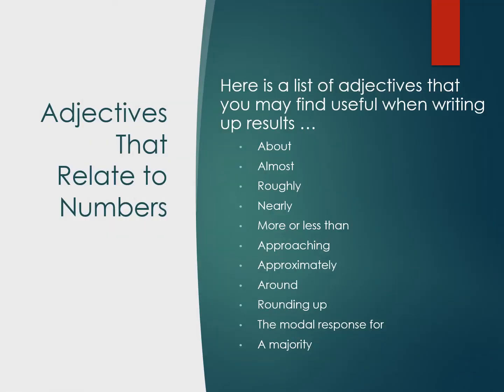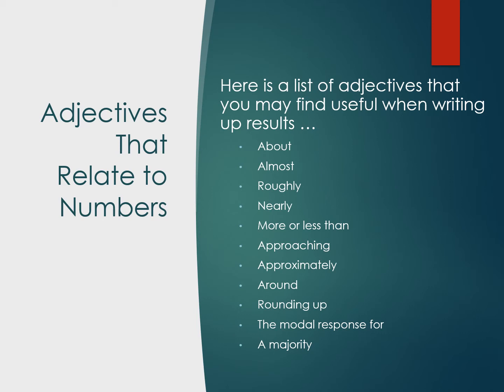Here's a list of adjectives that you may find useful when writing your results section. Anything that relates to numbers, like the data that you've got and the analyses that you've performed: it's really common to see results sections written where you use the same phrase over and over again.